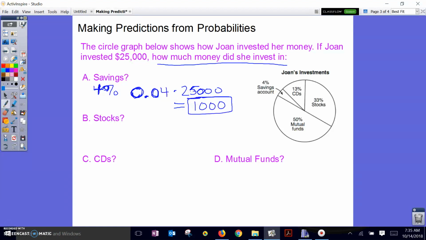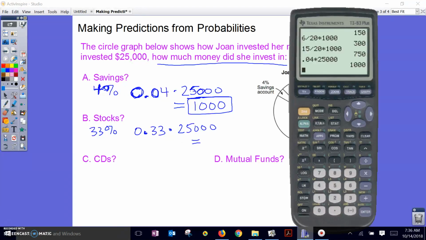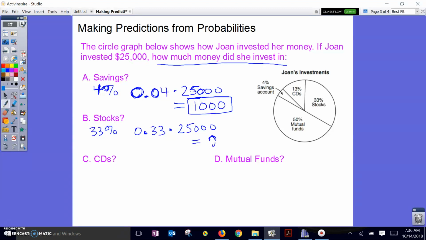All right, stocks are next. She put 33% of her money in stocks, which if we change that over to a decimal is going to be 0.33. That's the probability that $1 goes into stocks. We multiply that by how much money she has, and that's going to tell us how much she has in stocks. $8,250.